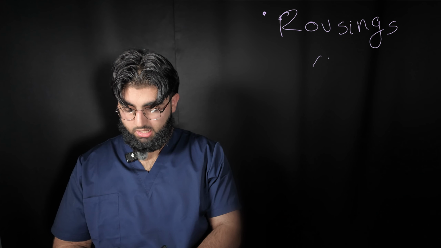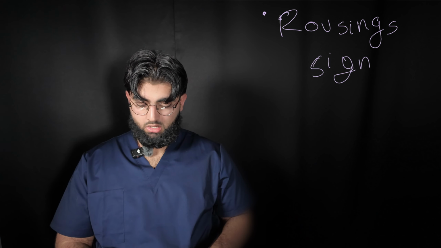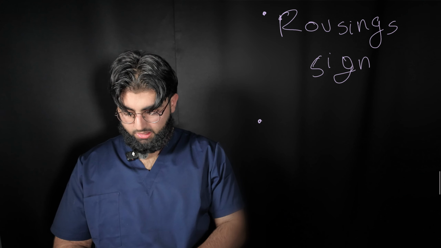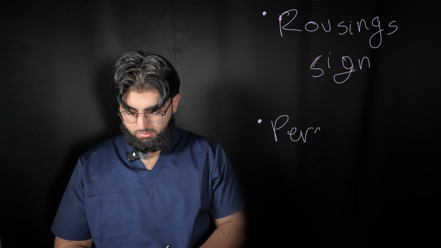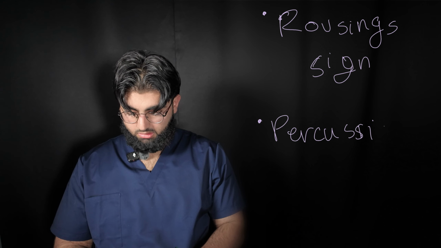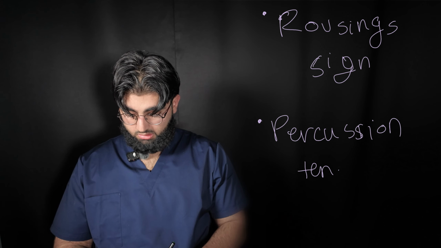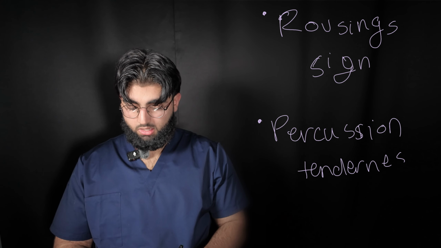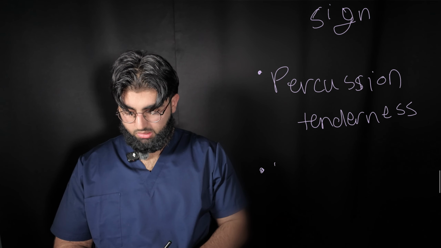Okay. Now the next thing that we can mention is Rovsing's sign. Okay, now what is Rovsing's sign? Actually, let's mention all three: Rovsing's sign, percussion tenderness, as well as rebound tenderness.